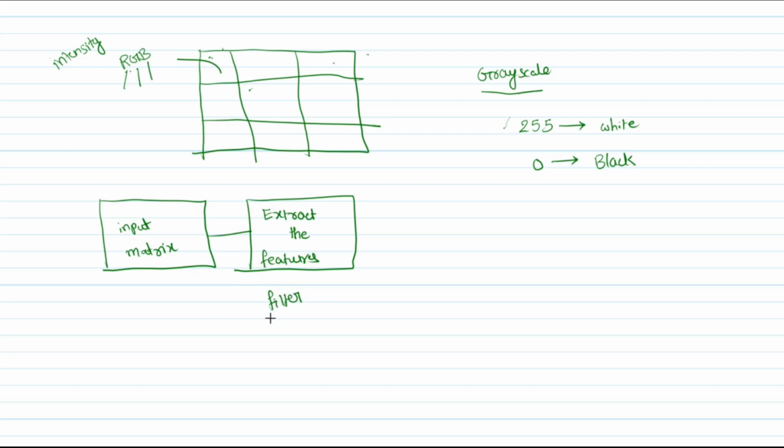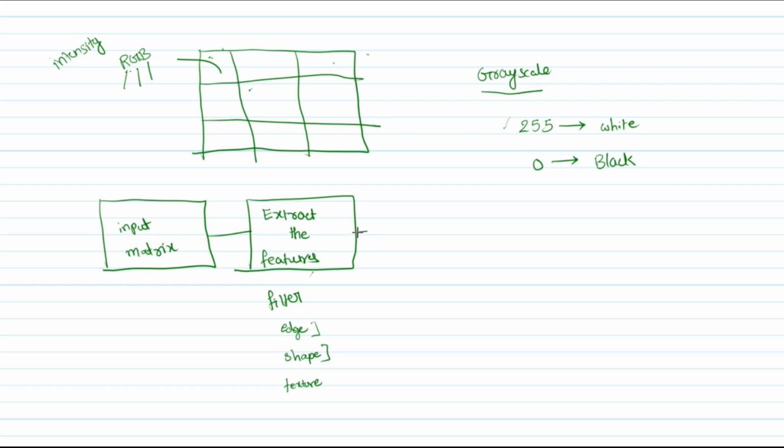These filters are used, for example, if I want to detect any object, a human being, then we need edge, shape, and texture also. These 3 filters we apply on this image to extract the features of the human being. Like that, several filters are available according to the applications.